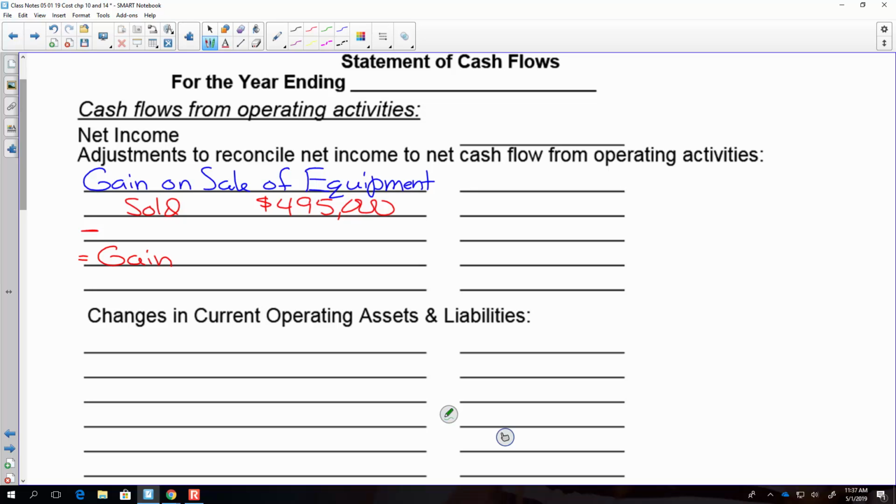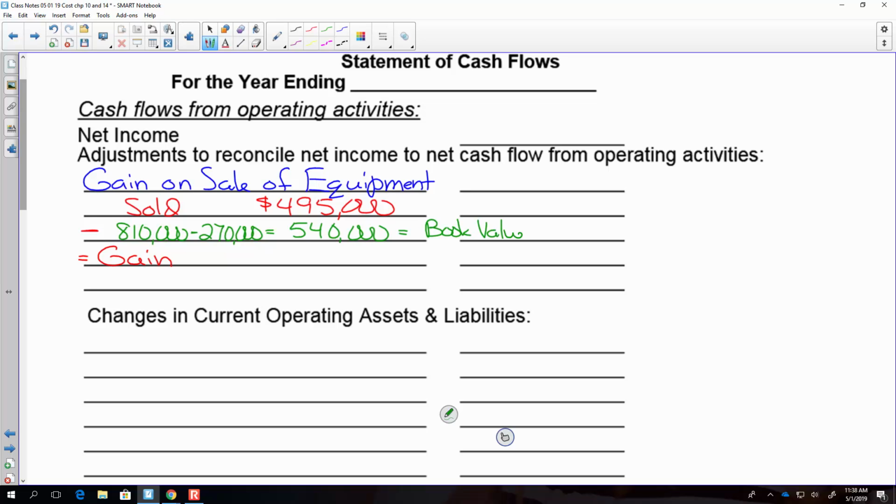Our cost was what? 810,000. 810 minus 270 equals 540,000. What do we call the 540? Book value.